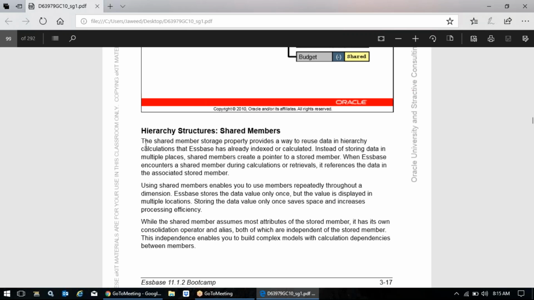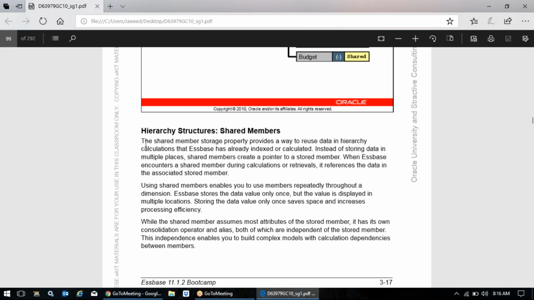Storing the data value only once saves space and increases processing efficiency. While the shared member assumes most attributes of the stored member, it has its own consolidation operator and alias, both of which are independent of the stored member.